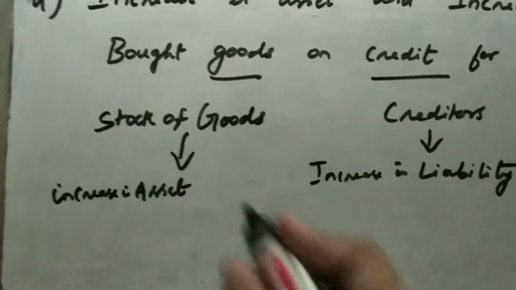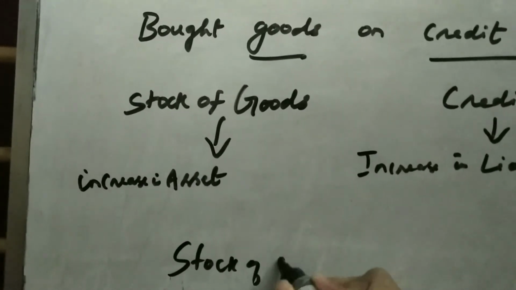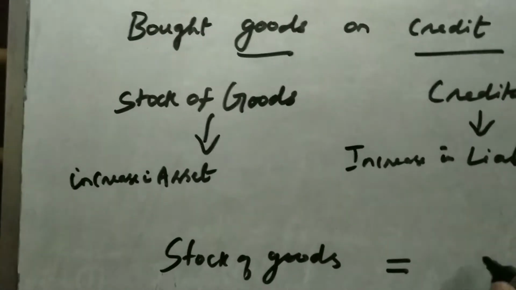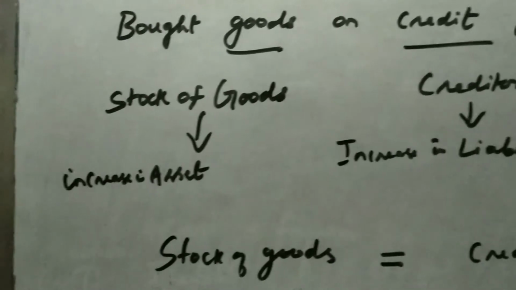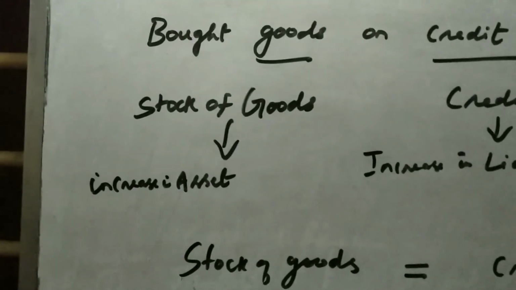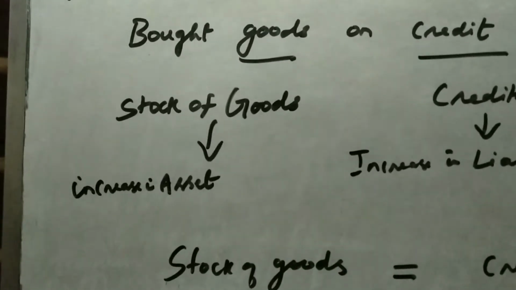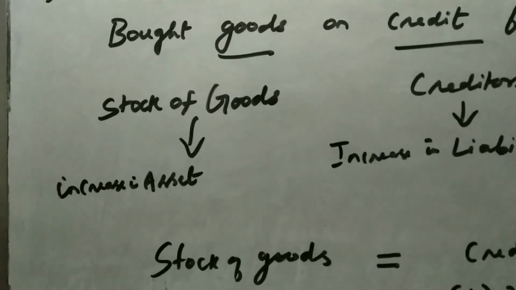Able to understand? So now this stock of goods is equal to our creditors. 15,000. This will be added to our existing stock. And this 15,000 will also be added to our creditors.